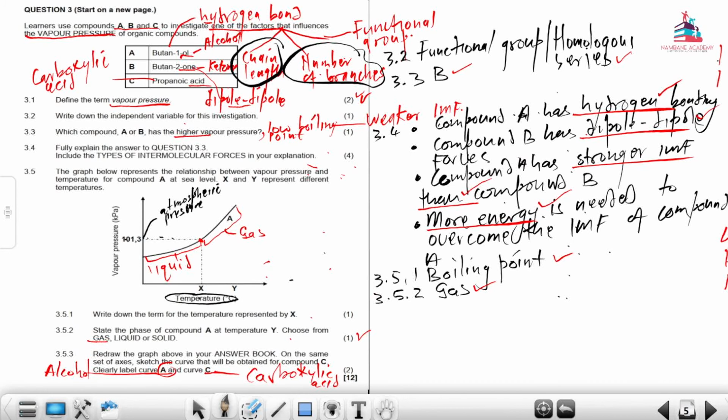So once we have stronger intermolecular forces, it means we are going to have a higher boiling point. If you are going to have a higher boiling point, it means your vapor pressure is going to be low. So it means our drawing for C must be below A.